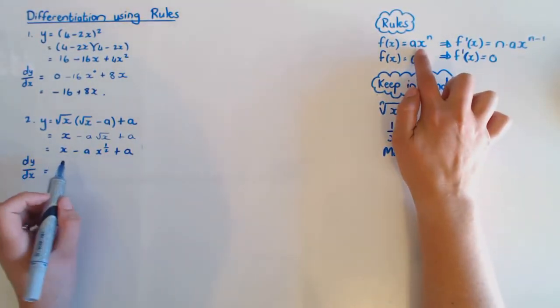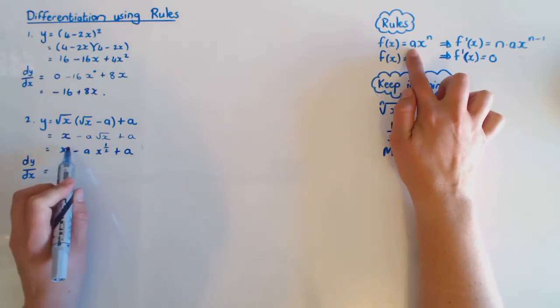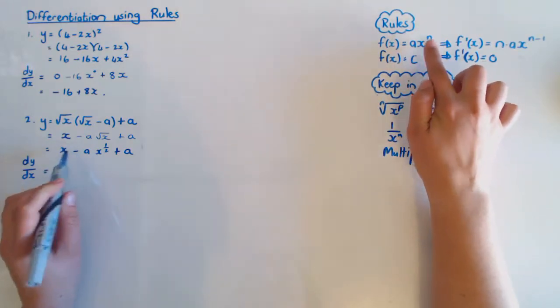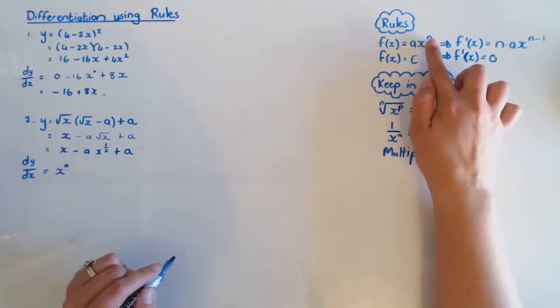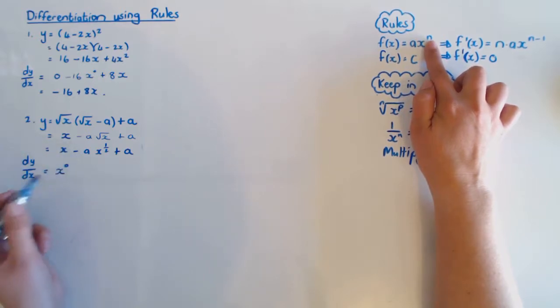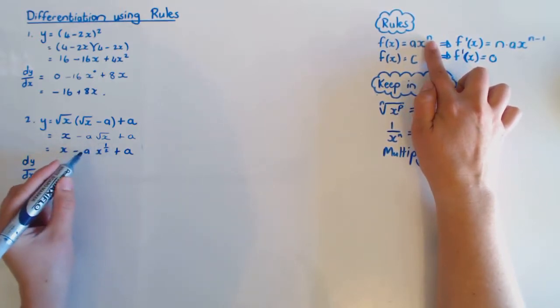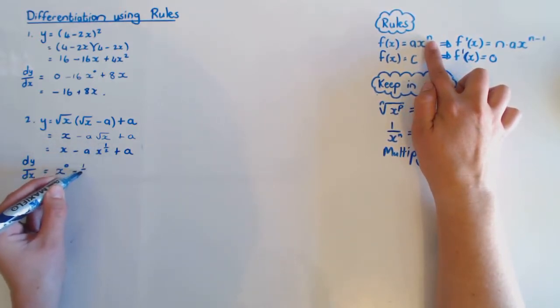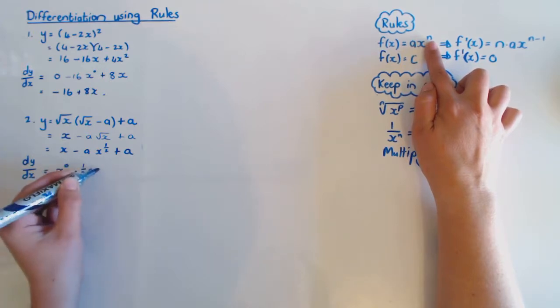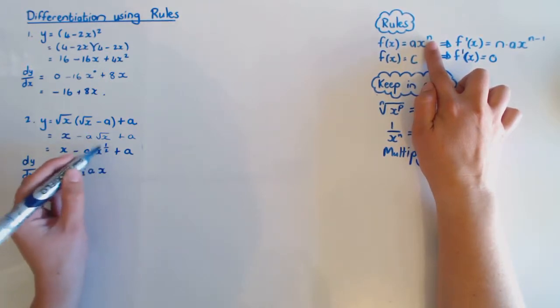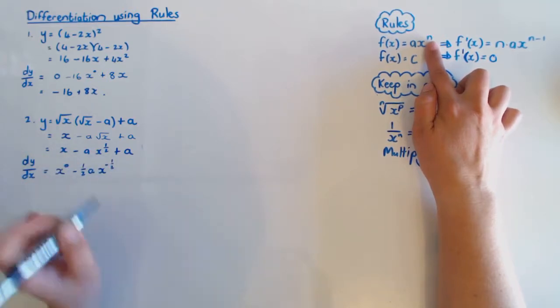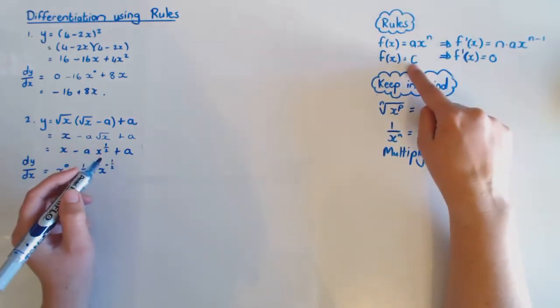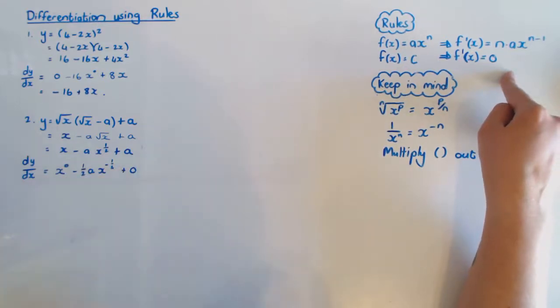This is in the form where my a is 1 and my exponent is 1. So I multiply 1 times 1, which is 1, x to the power of 0 if I subtract 1 from that. Then here I multiply that half in front, so I've got negative a half, x to the power of a half minus 1, which is minus a half. And then the a is a constant, so that will just be 0.